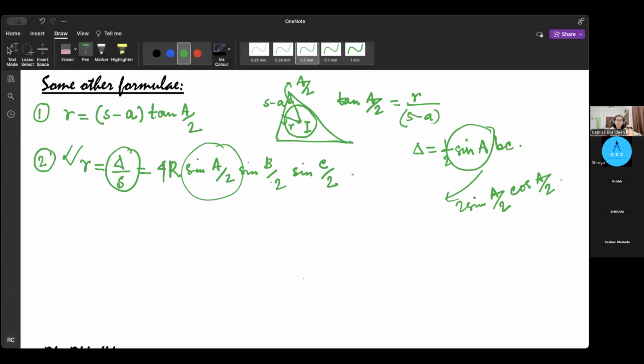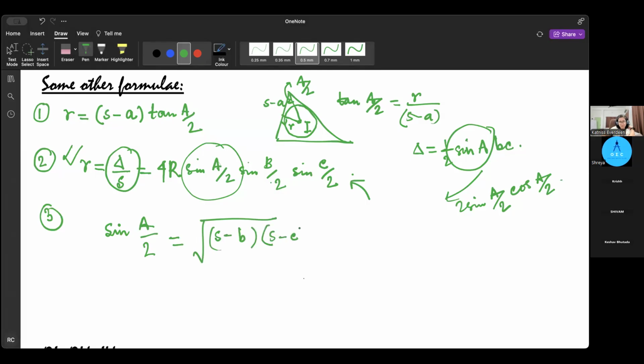All right, sure, that works. So while you're working on this, just try to do this once as well. These half angle identities are often useful, so I'll come to the proof of this in a while. So try to prove these. Sine of A by 2 is root of S minus B times S minus C over BC.